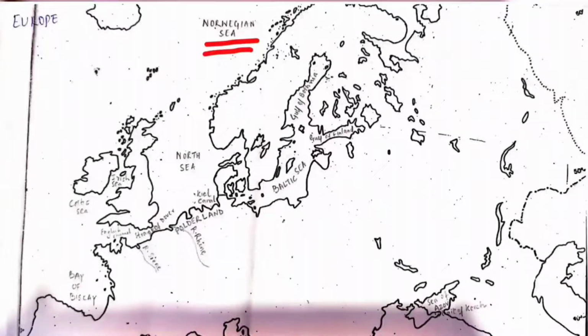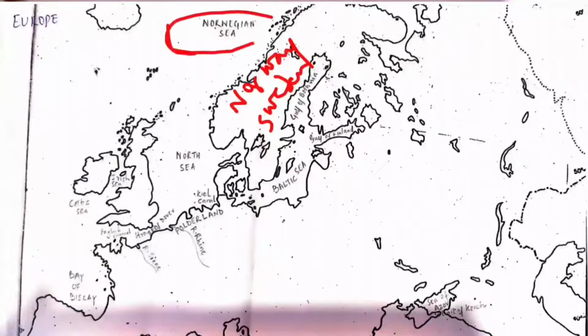Remember that this is Norway over here, this is Sweden. On the west of Norway we have the Norwegian Sea.